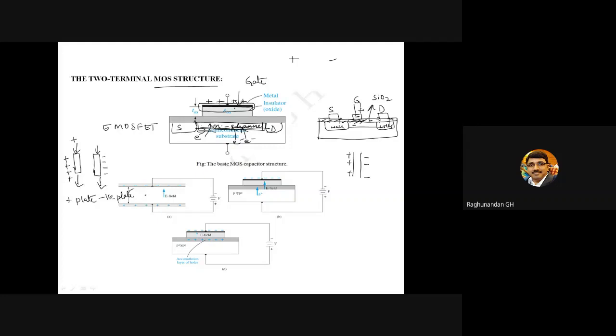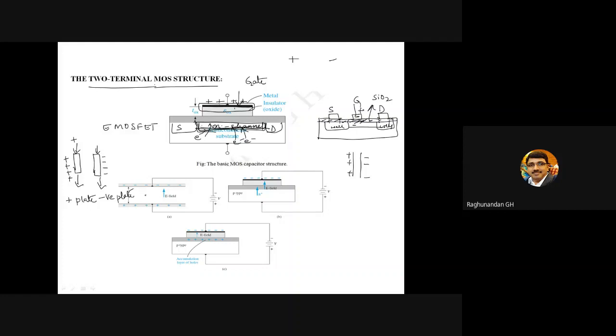So this acts as one plate of a parallel plate capacitor, and this acts as the other plate. This kind of structure is known as the two-terminal MOS structure.